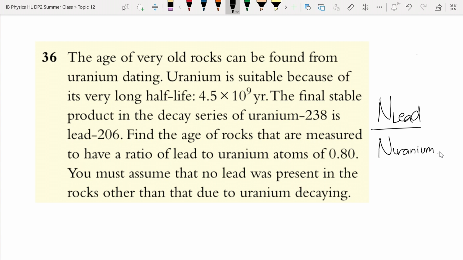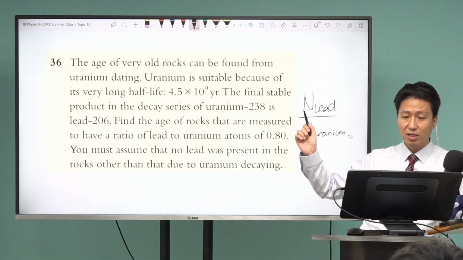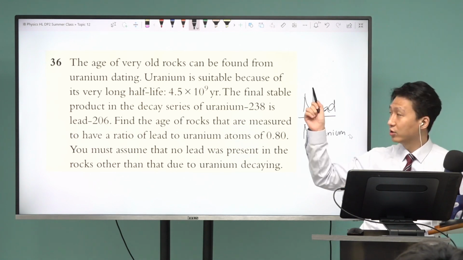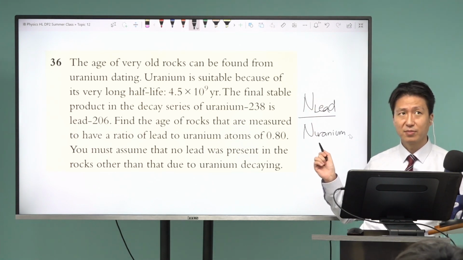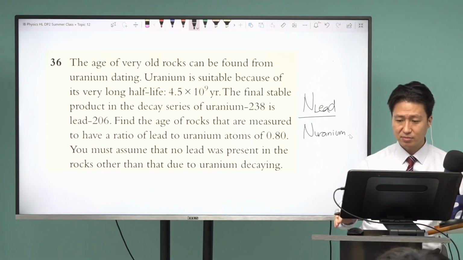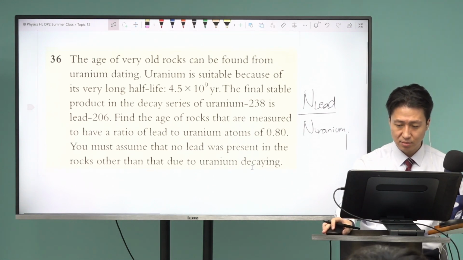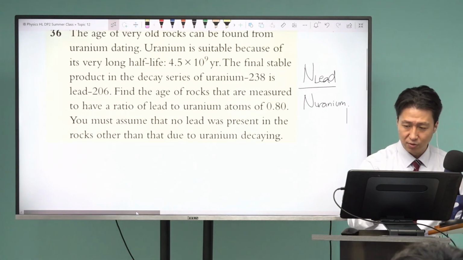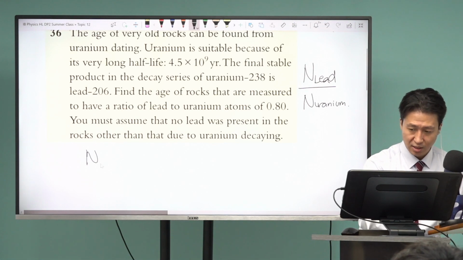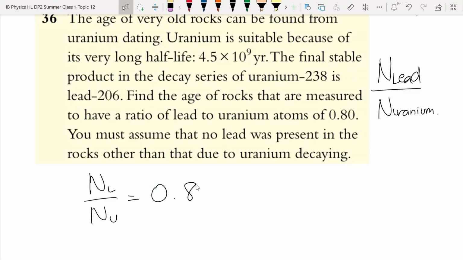In this case, the ratio is going to be 0.8, so it's 4 to 5. So lead divided by uranium has to be equal to 0.8, which means it's a 4 to 5 ratio approximately.